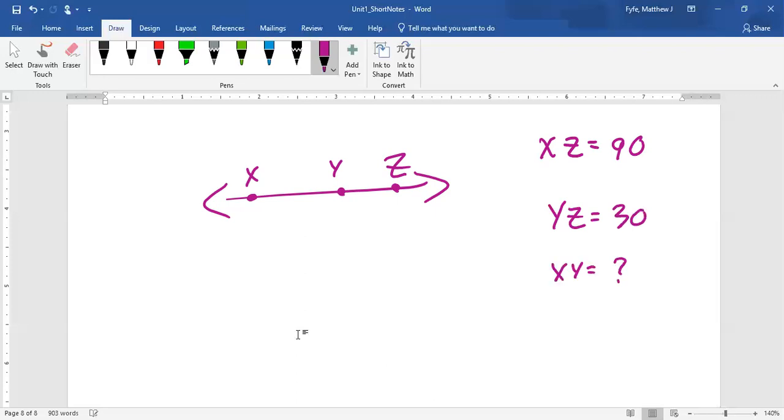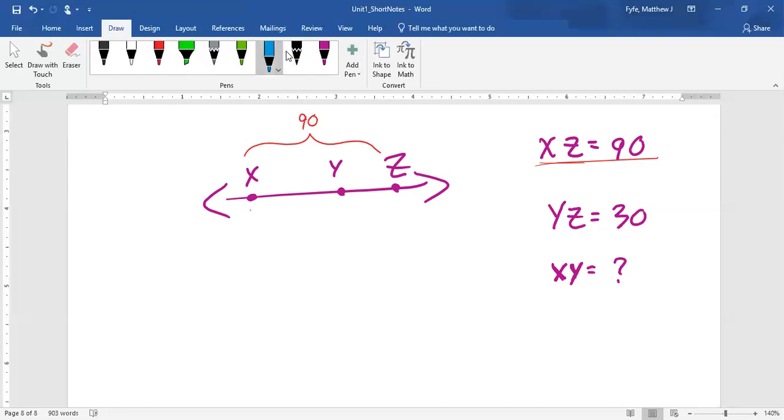What's the length of that segment from the endpoints at x over to y? Sorry, I said xz a couple times. X over to y. And, well, the first thing you need to do is probably label. So that's x over to z. It's this whole thing right here. I like to label with these little squiggly brackets. There's 90. It goes from x all the way over to z.